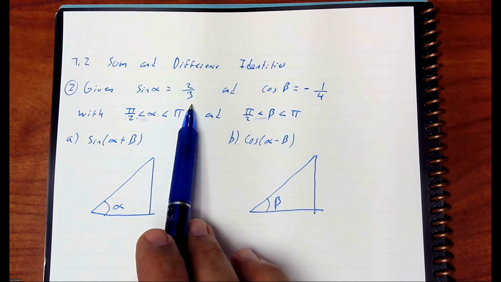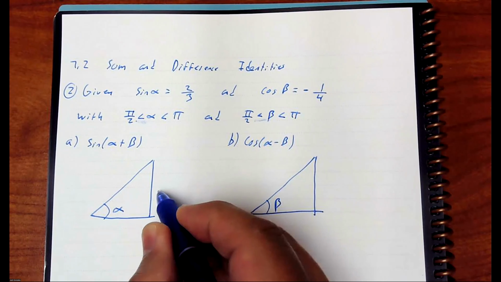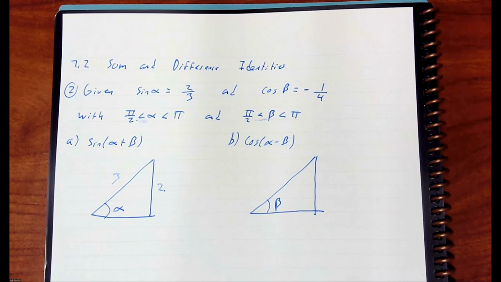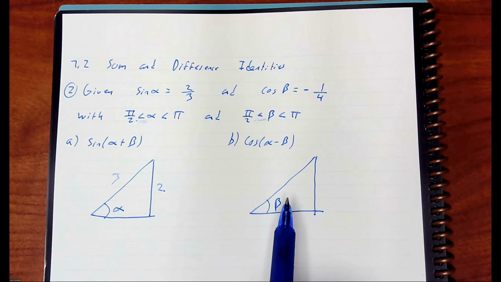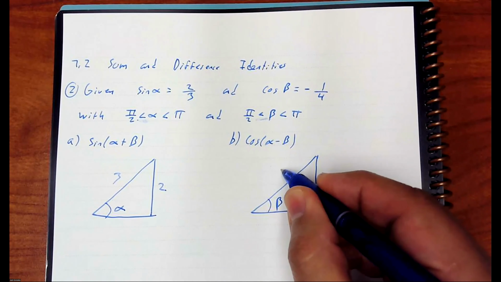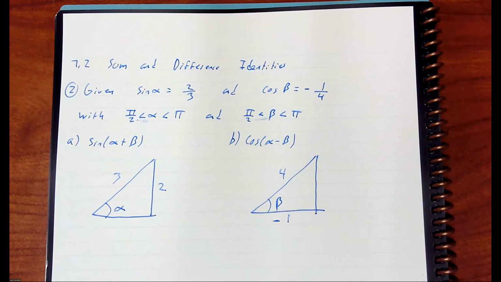So sine should be positive, so that's correct, right? So opposite over hypotenuse. Cosine should be negative, so that's good. Hypotenuse is never negative, so the adjacent side will be negative. Okay.